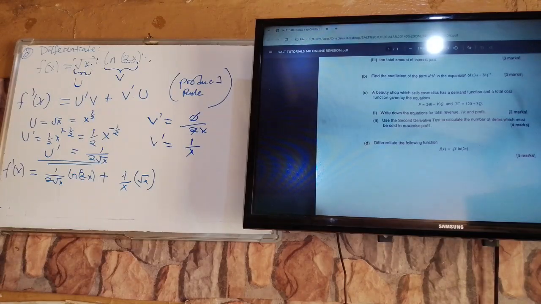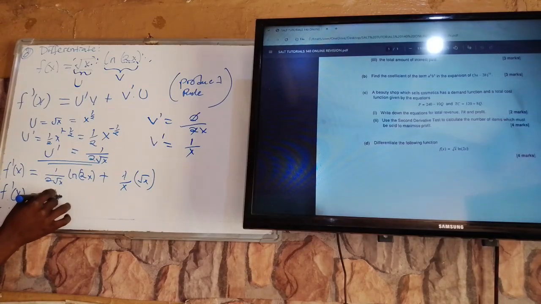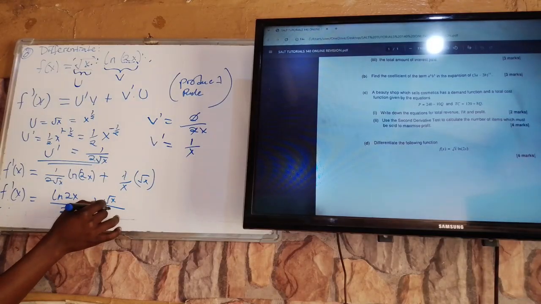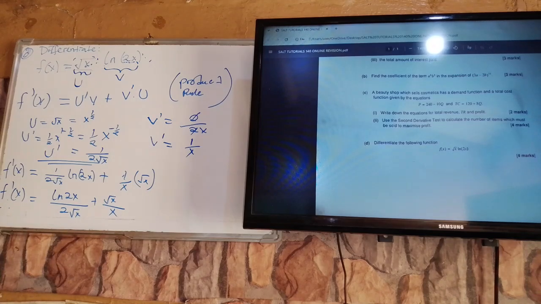If we simplify, what do we have? This is basically f prime of x equal to the natural log of 2x over 2 root x plus the root of x over x. Something like that.